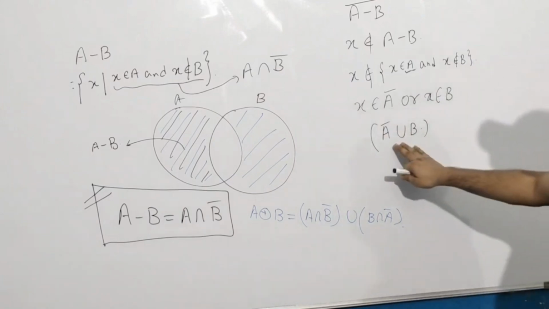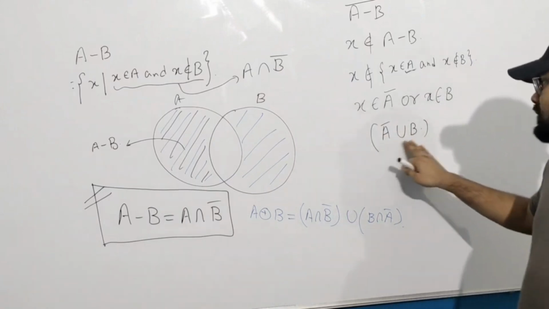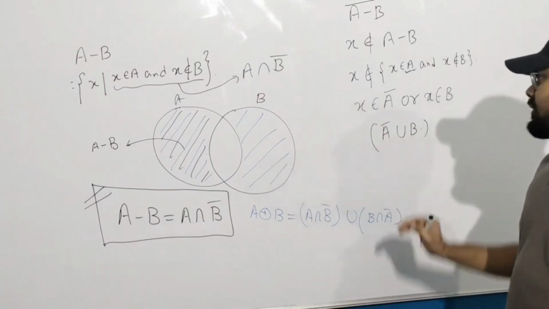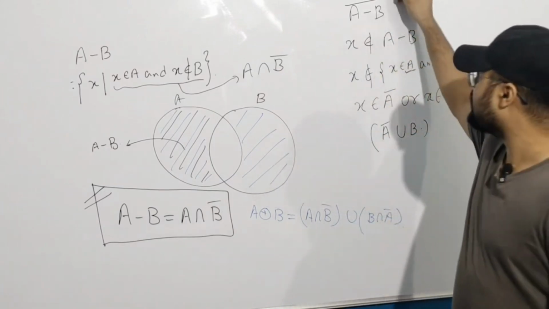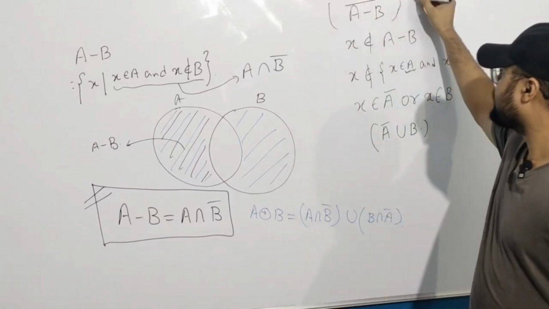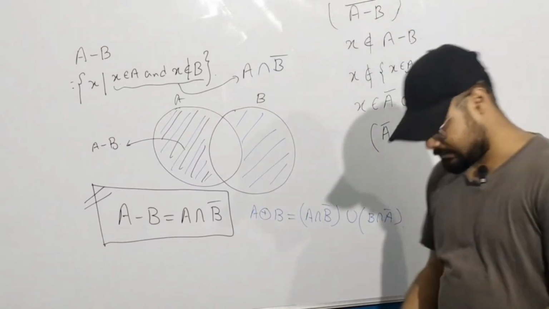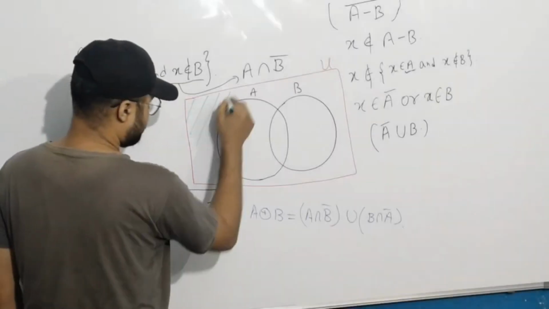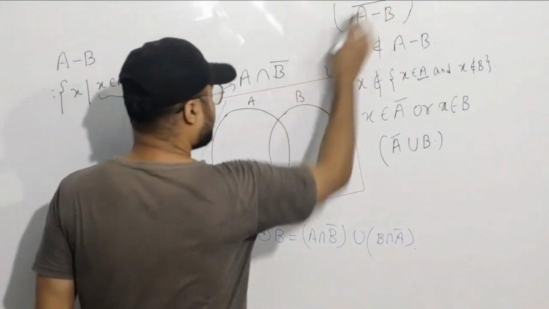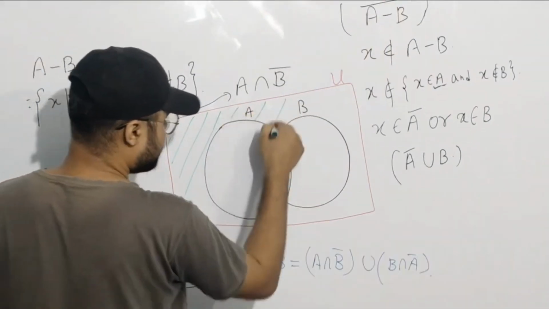Now let's see if this is the region in the Venn diagram for this expression or not.